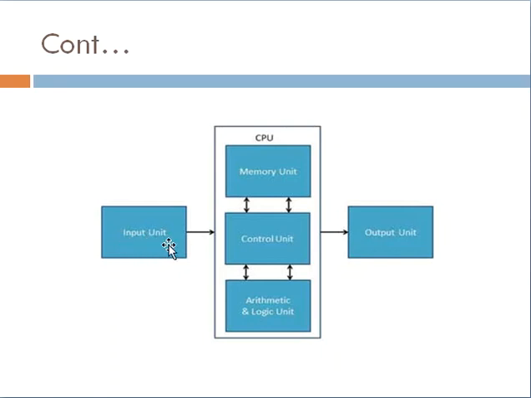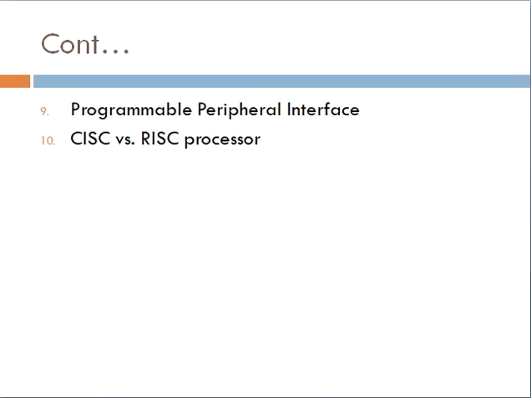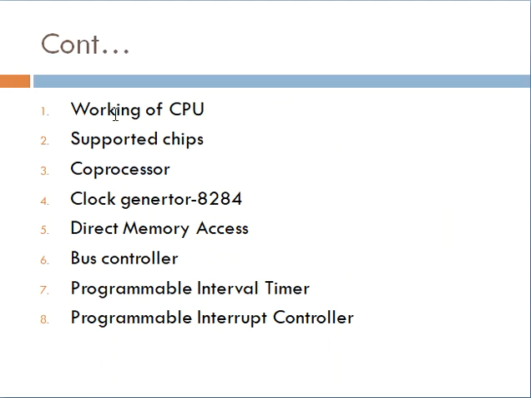We give input and we get the output. In the center, all the operations are done in the memory unit, control unit, and arithmetic and logic unit. So this is the working of the CPU.